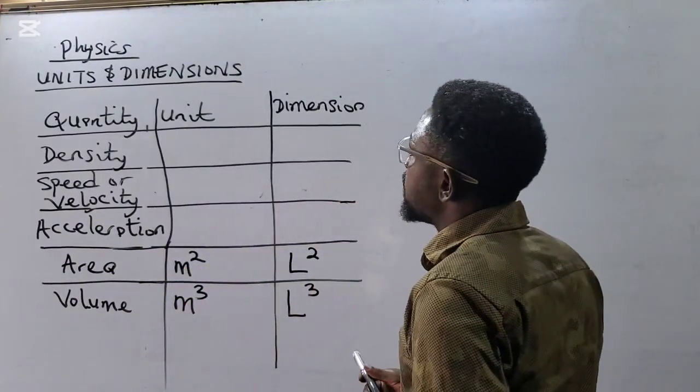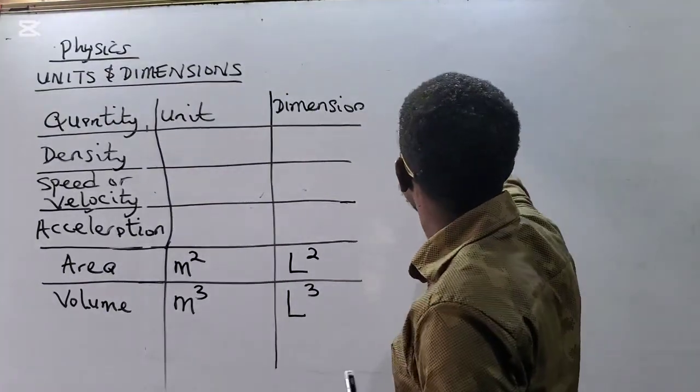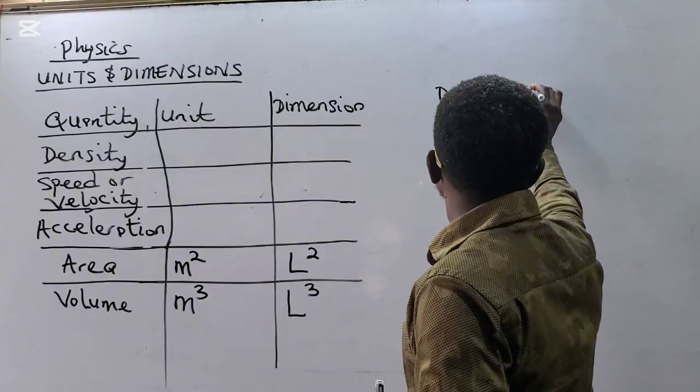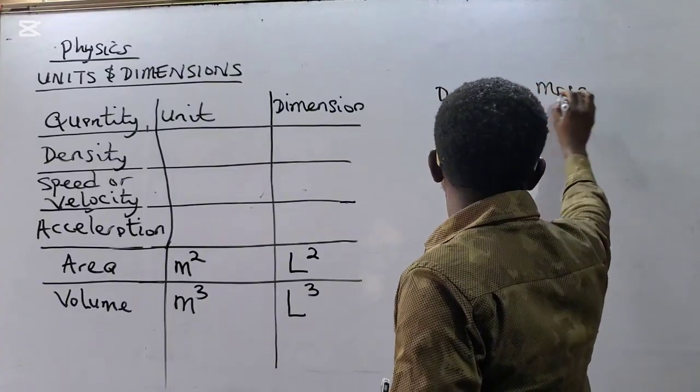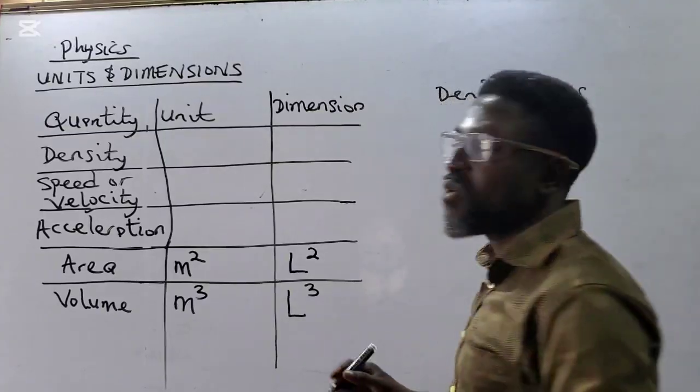Okay, now let's start with density. Density is mass over volume.